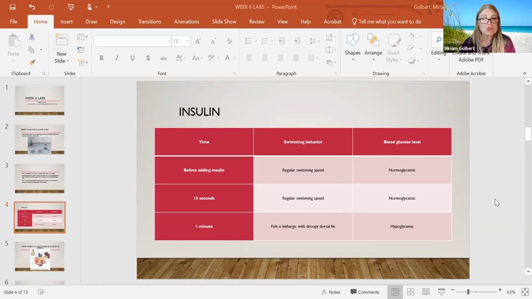So hypo means low sugar levels, low glucose level, and the opposite for somebody with diabetes will be hyperglycemic, right? So it takes about a minute for the fish to respond to insulin. For humans, after we eat, it takes about 2 hours for us to go back to normal, okay?